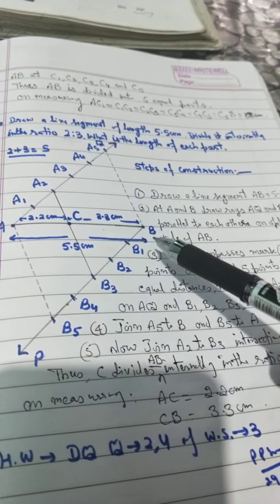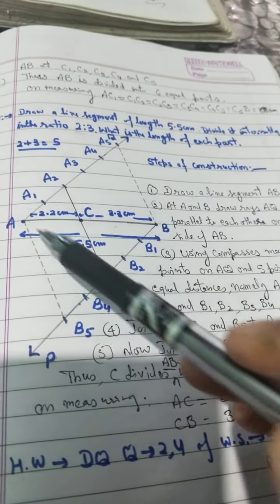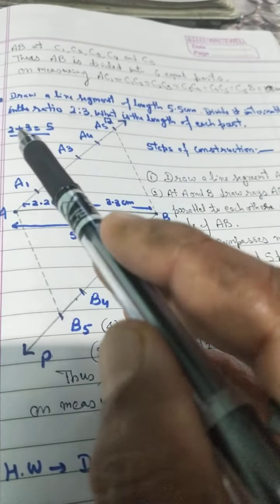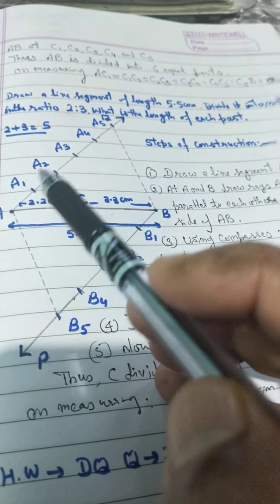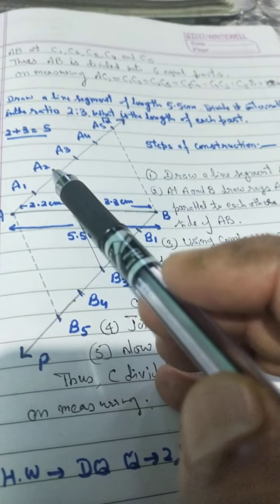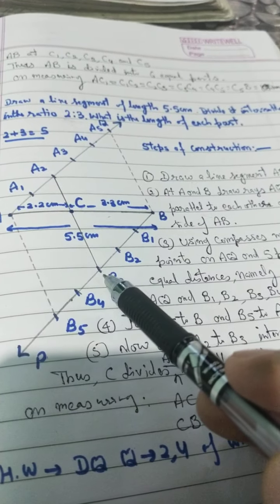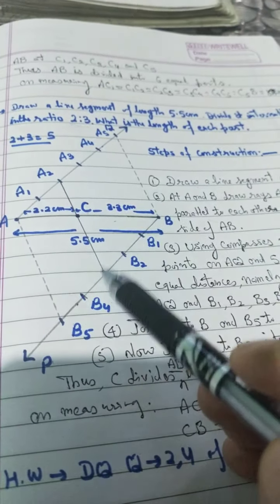Now join A5 to B and B5 to A. After that we join 2:3. You have to take 2 parts of A2 and 3 parts of B3: 1, 2, 3 and 1, 2. Join A2 B3.